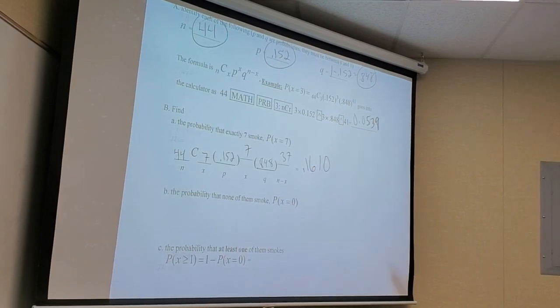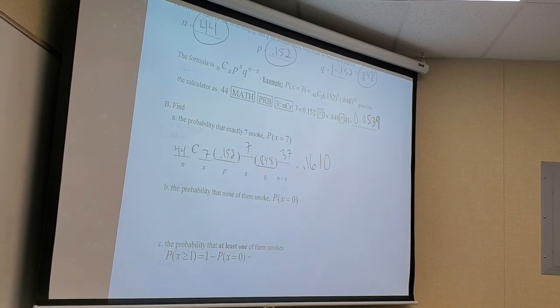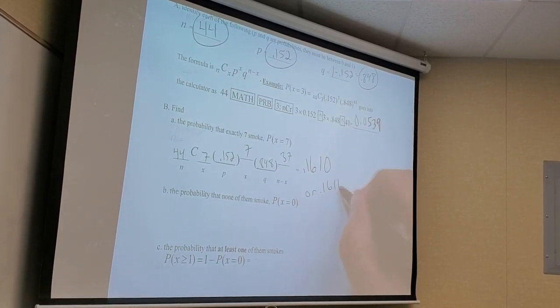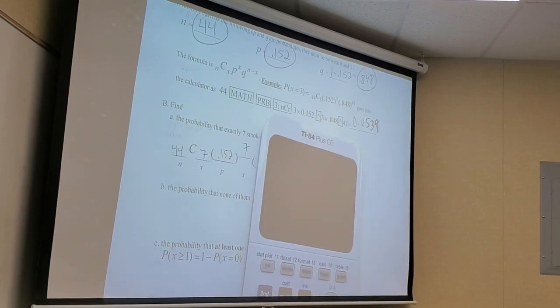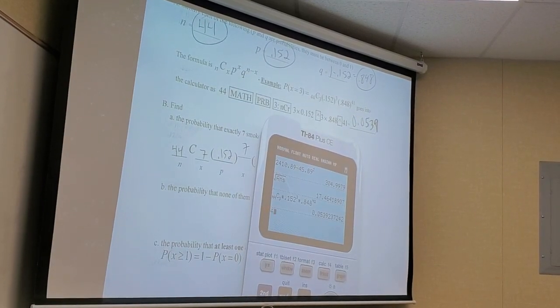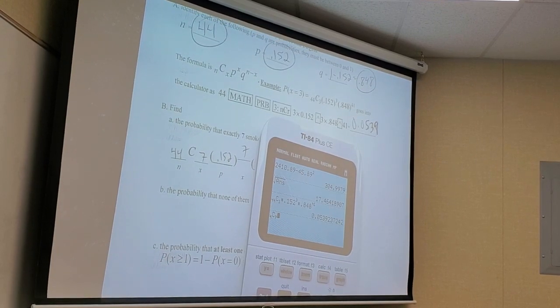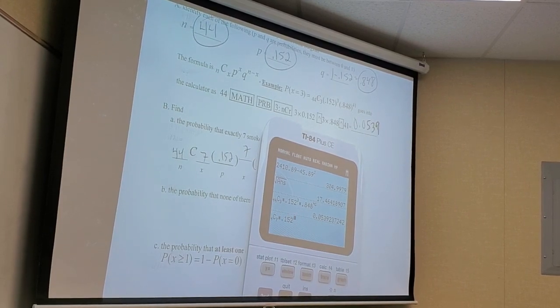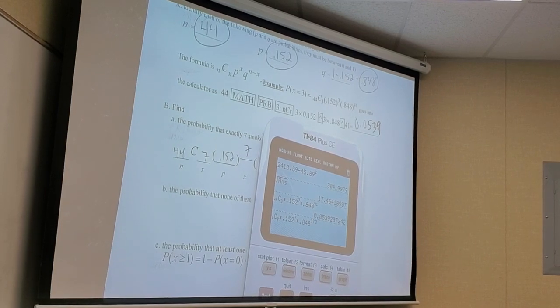1610? Okay, that sounds familiar. I got 11? Controversy. I like it. All right, 44 choose 7 times 0.152 to the 7th times 0.848 to the 37.